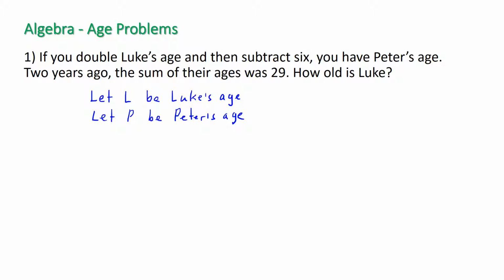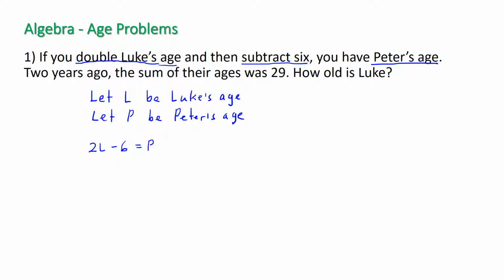So it says if you double Luke's age and then subtract 6, you get Peter's age. So let's write an equation that models that. So 2L, so 2 times Luke's age minus 6 is equal to P, Peter's age. Okay?